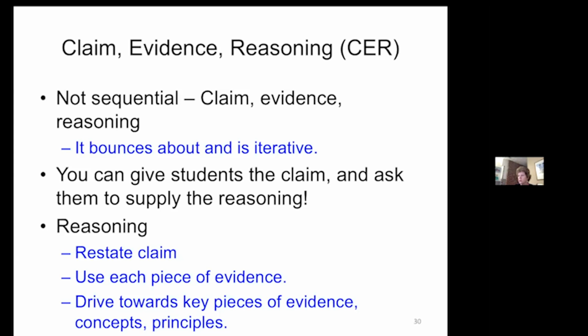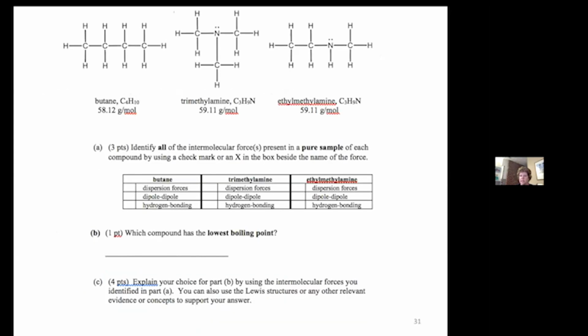So let me show you what an examination task looks like in this case. This examination task is something that I believe we gave this past spring on the first exam. They have a set of molecules up at the top. We've drawn the Lewis structures up there.